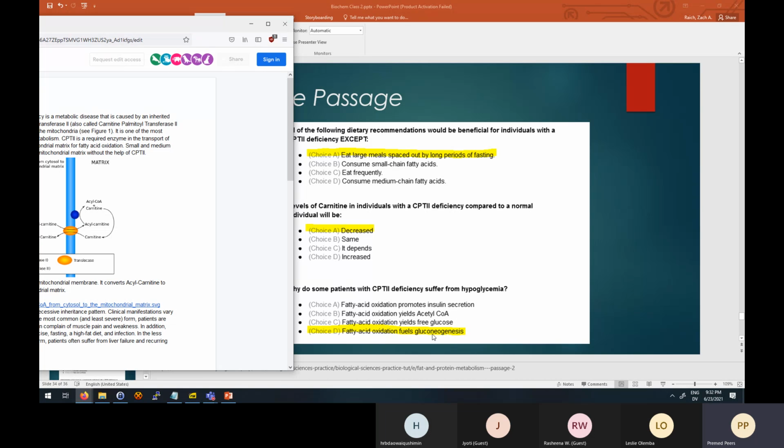So if we're doing gluconeogenesis, we're using fat for our energy. Fatty acid oxidation produces ATP at the end, and we need ATP to do gluconeogenesis. So acetyl-CoA does not make glucose, but it does make ATP at the end, which is used as the energy source for gluconeogenesis.